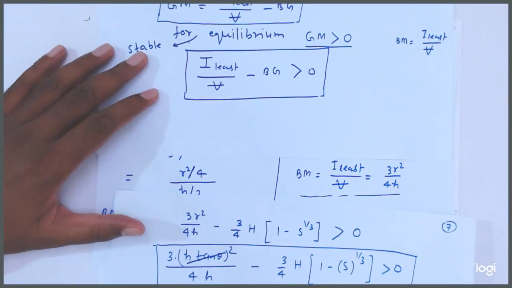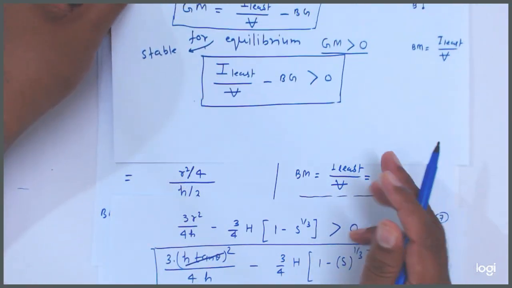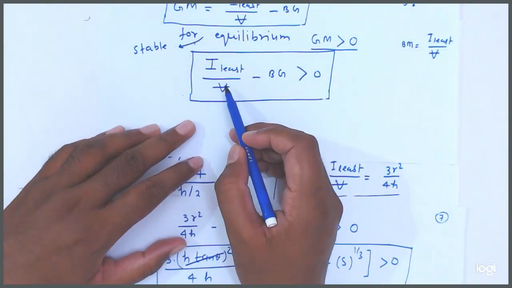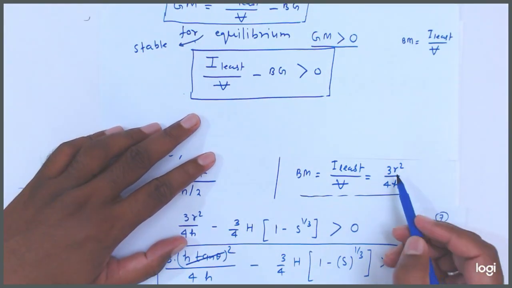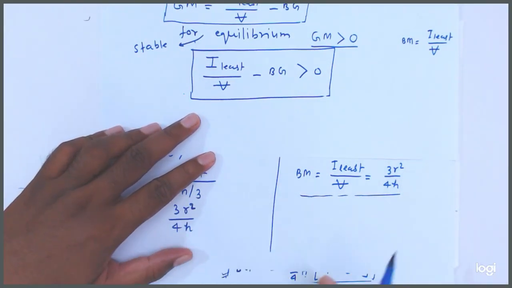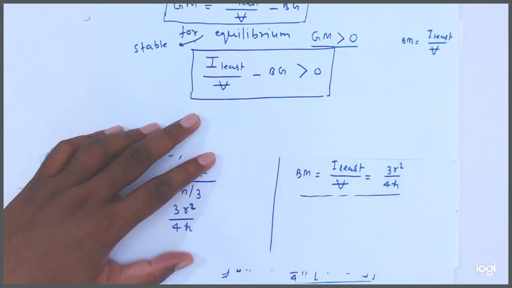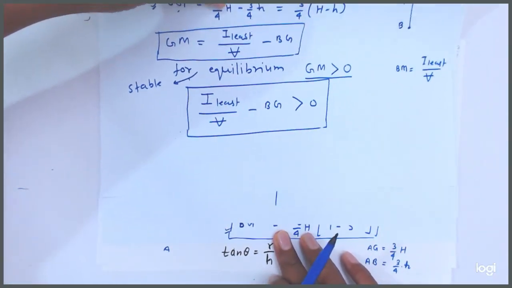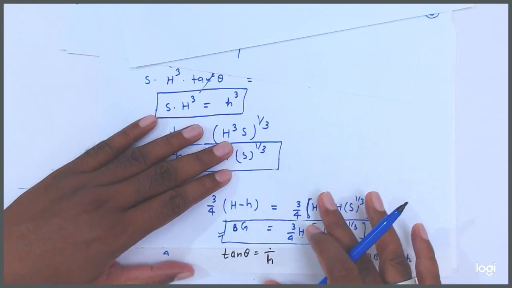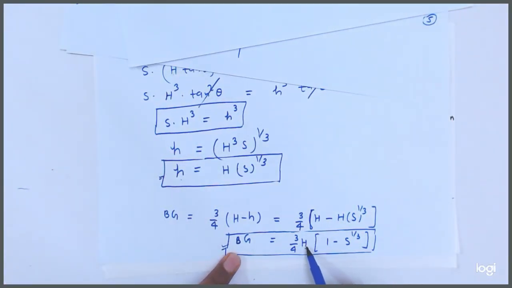Now put it here and we are going to solve this equation. So here you see, I upon the displaced volume, this value is 3r square by 4h, and BG value, already calculated, is 3 by 4 capital H, 1 minus h to the power 1 by 3.